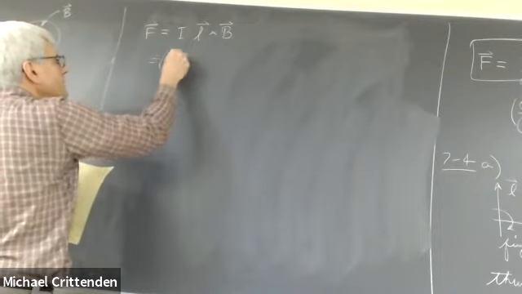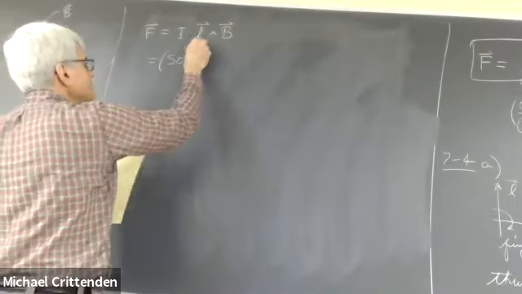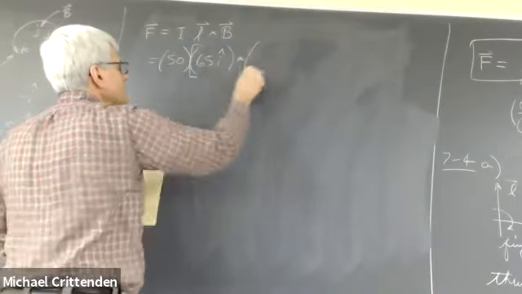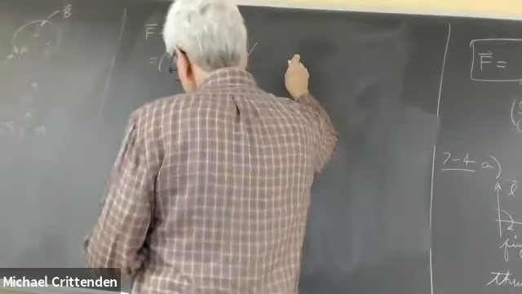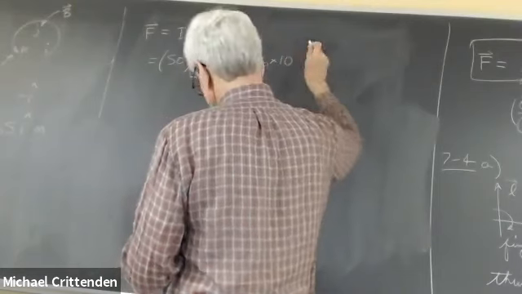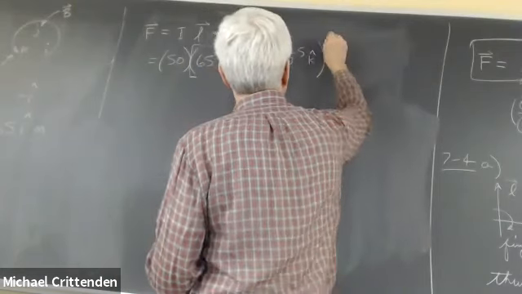I equals 50. L equals 65 i. B equals that.